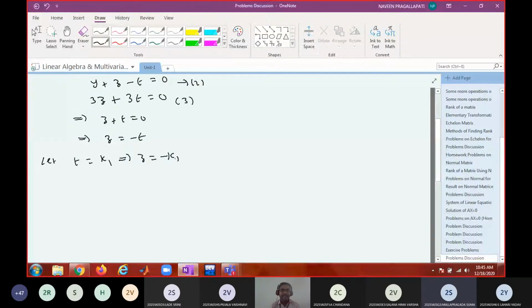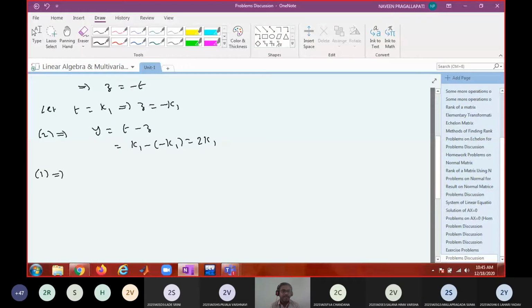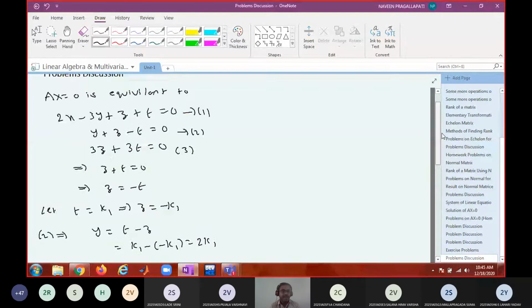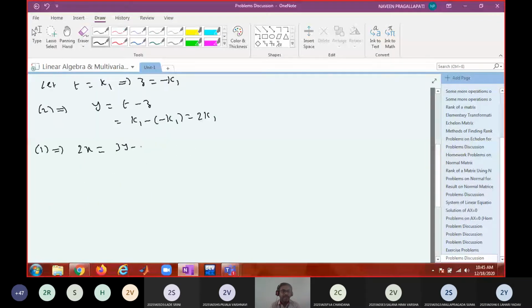When z equal to minus k1, substitute in the second equation, which implies y equal to t minus z, and t minus z means k1 plus k1, which is equal to 2k1. Therefore, what does the first equation imply? The first equation is 2x minus 3y plus z plus t equal to 0, so 2x equal to 3y minus z minus t.